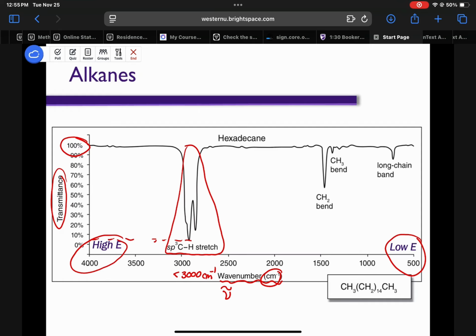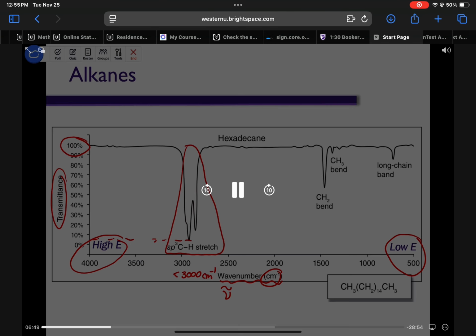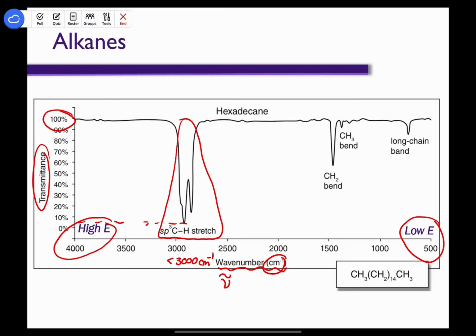The alkenyl is just over 3000. Alkynyl carbon hydrogen is much over 3000. And these ones are broad. So here, this is telling us that we have sp3 hybridized carbon. The bond vibration that we're seeing here is the carbon-hydrogen bond vibration, the sp3 carbon hydrogen, and it's medium to strong. This one's really obvious in its intensity.